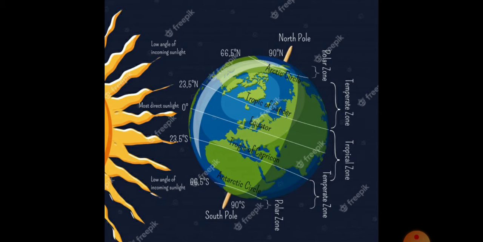Now students, I hope you do remember from your previous class, that is class 6, the equator bisects the earth into north and south parts. One of the parts is called the northern hemisphere, the other the southern hemisphere. I hope you all remember.